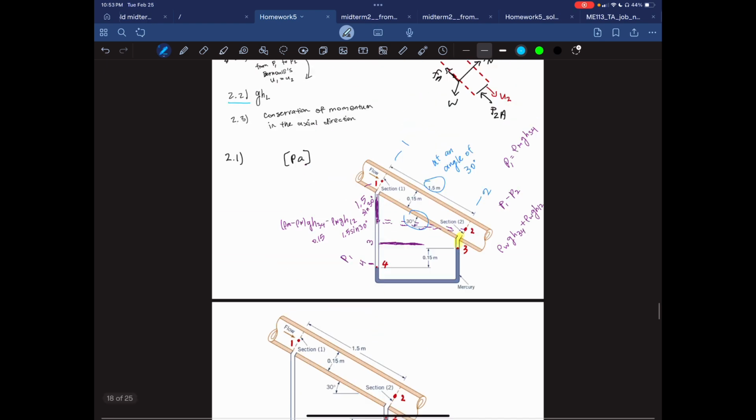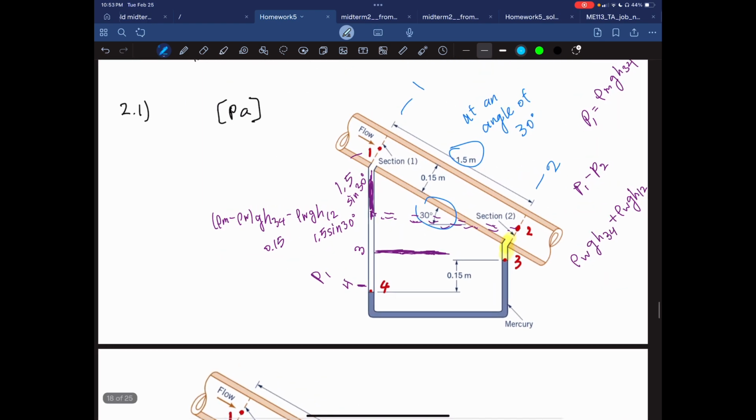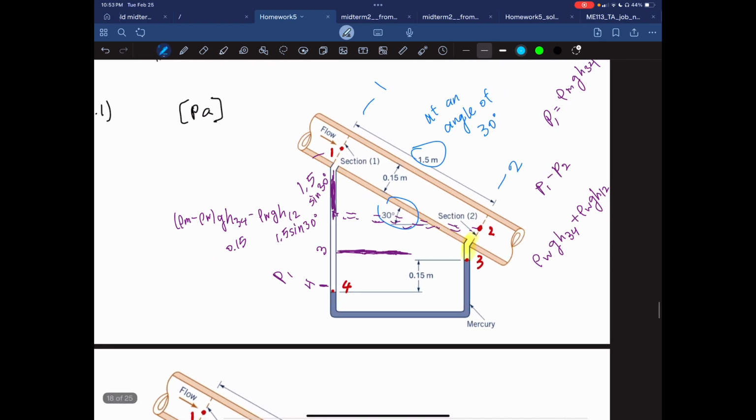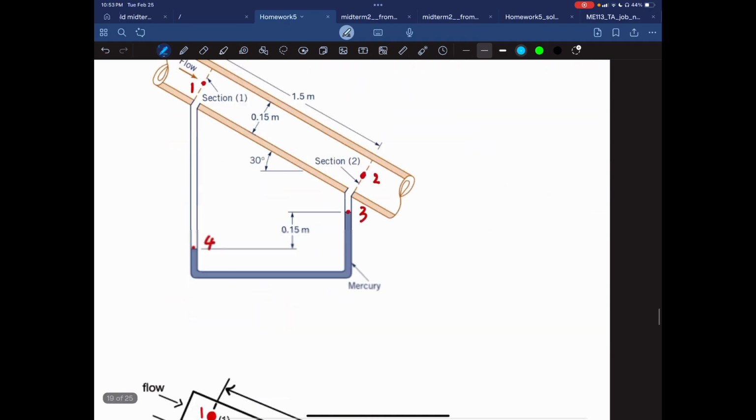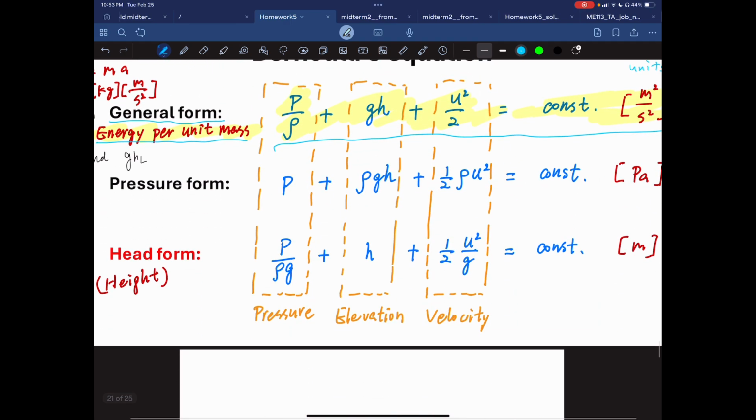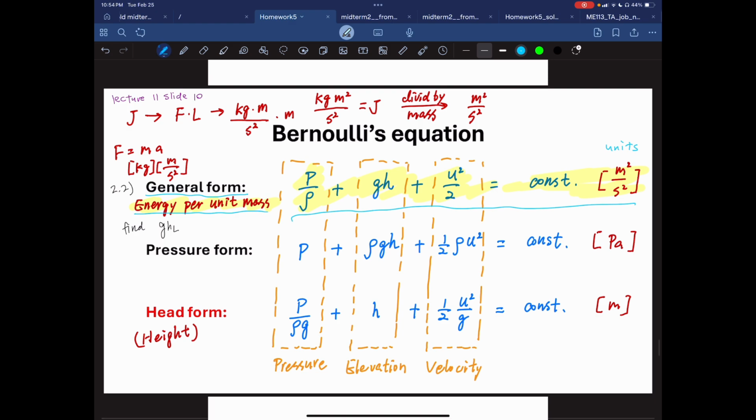Right there. Hint. So to clarify, for 2.2, this is a helpful equation.